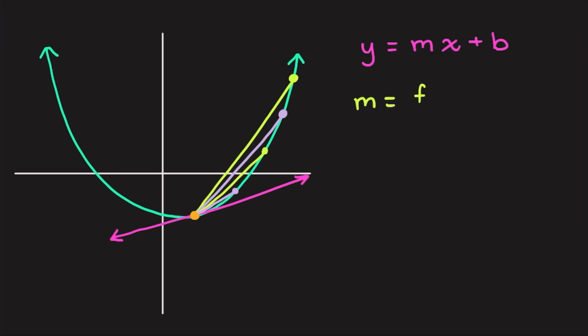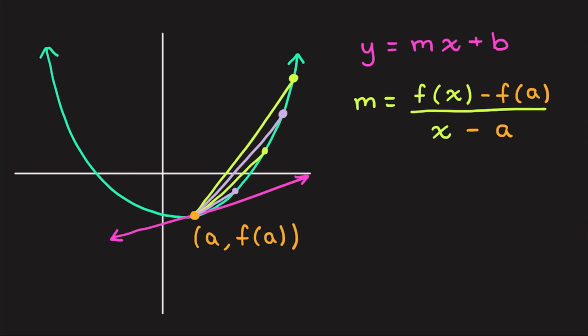In general, the slope of a line equals (f(x) - f(a)) all over (x - a), where f(a) is the y value of the original point, and a is the x value of the original point. As the secondary point, which is (x, f(x)), gets closer and closer to our original point, (a, f(a)), the slope begins to look like the slope of our tangent line.